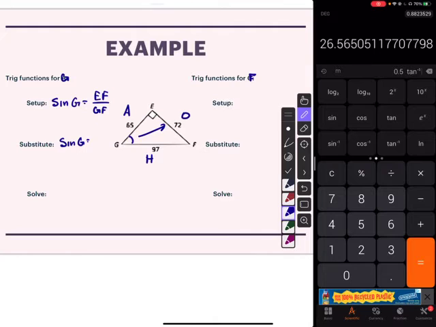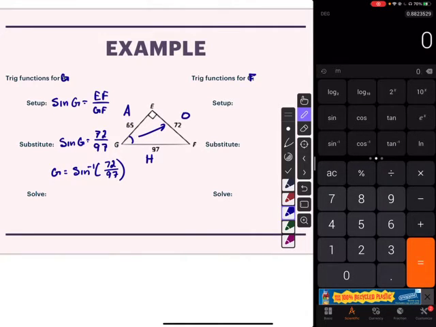So sine G equals 72 over 97, and therefore G equals inverse sine of 72 over 97. On my calculator, I'm going to type in 72 divided by 97, get an answer for that, and then just do inverse sine of it.